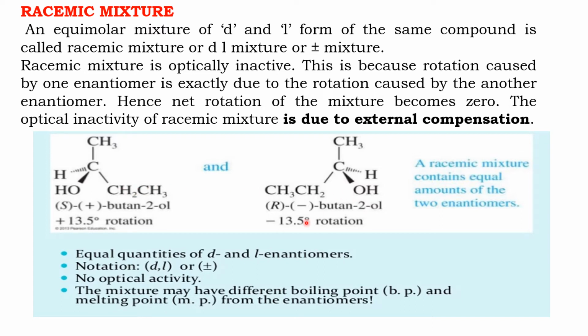So any racemic mixture should contain equal amounts of dextro and levo enantiomers. A racemic mixture is represented by DL bracket or plus or minus bracket. A racemic mixture has no optical activity. The mixture may have different boiling point and melting point from the enantiomers. Very important, take down.